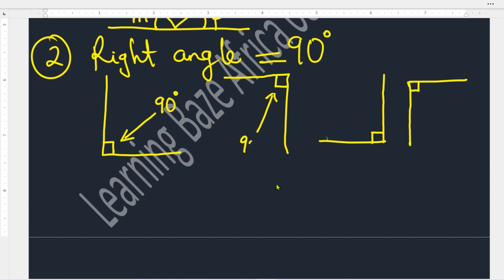That angle is 90 degrees. Please take note.